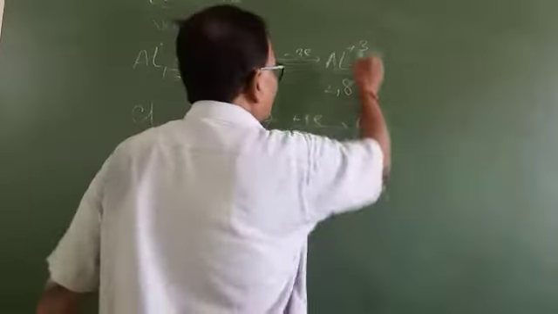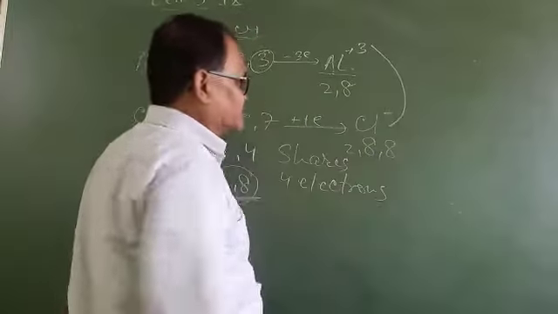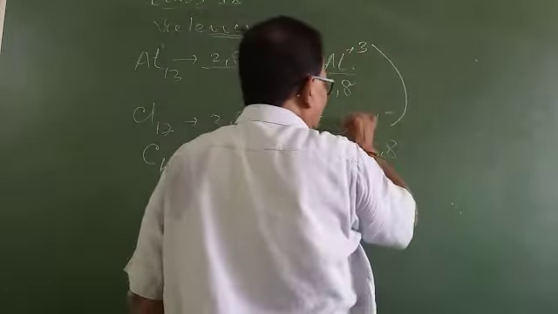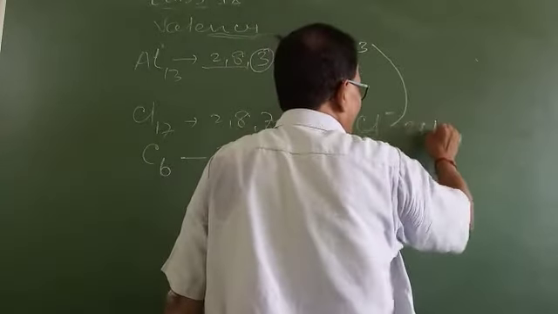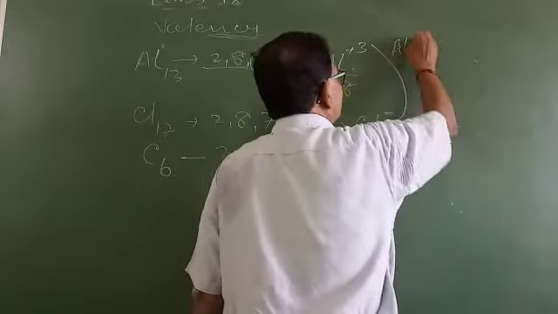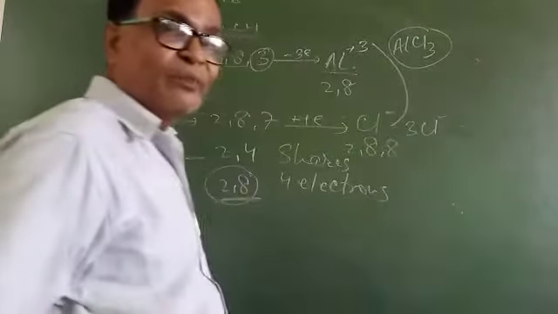Here these opposite ions, the aluminium ion, combine with 3 chloride ions to form AlCl3, a molecule of aluminium chloride.